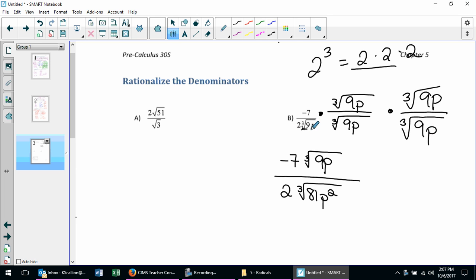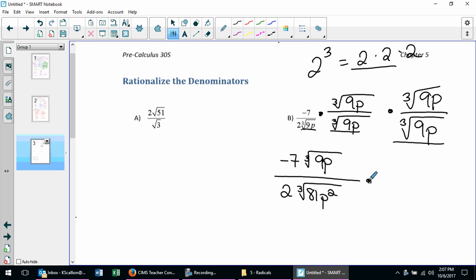I'm trying to get rid of the cube root, so I need 3 factors. If I have a 5th root, how many factors do I need? 5. This is on the quiz. I'm going to give you a cube root or a 4th root. I'm telling you this right now, although I told you that last time, and none of you listened to me, so maybe I'll stop telling you.